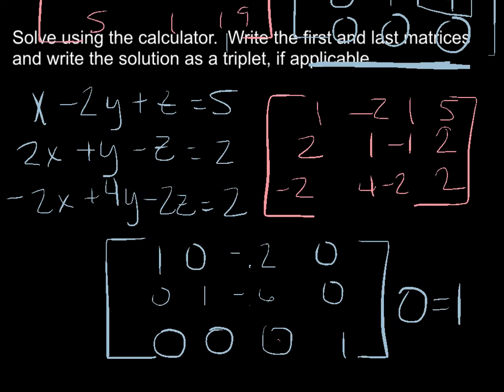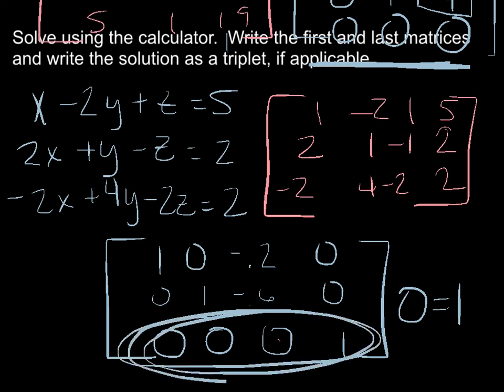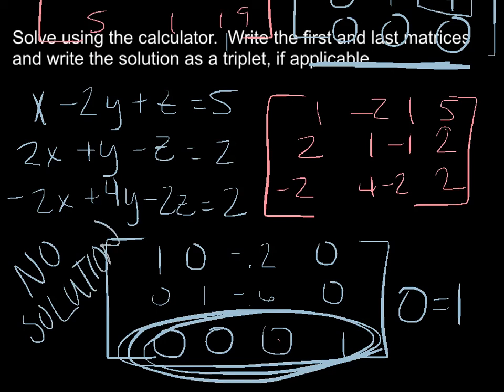That's a false statement. So whenever you end up with a row that has a false statement, that means no solution. So you can't go any further. There's nothing else that you can do. There's just no solution to that system. And I believe you'll find the same thing on part C there. I'm going to go ahead and move on.